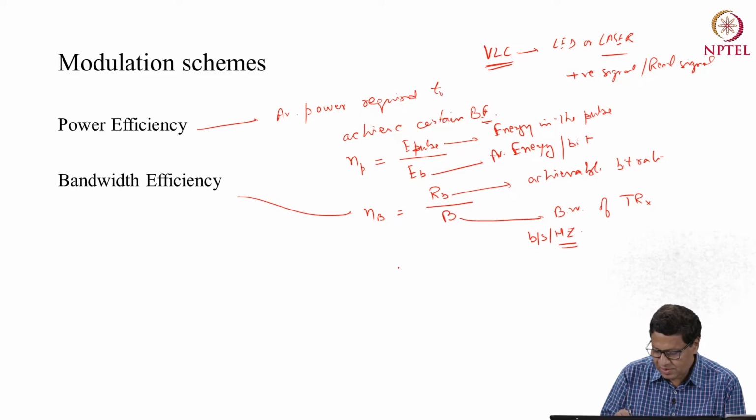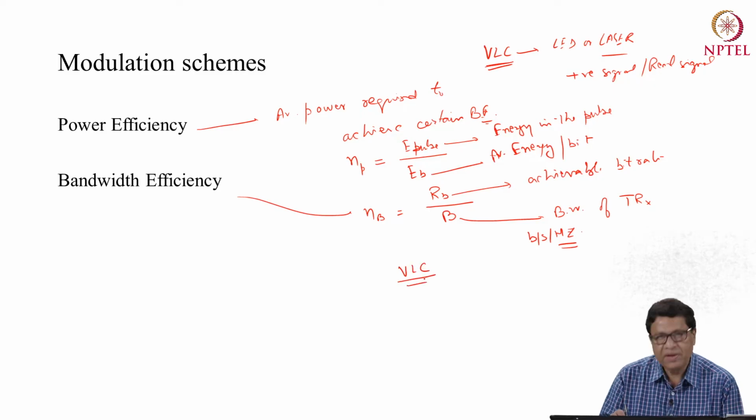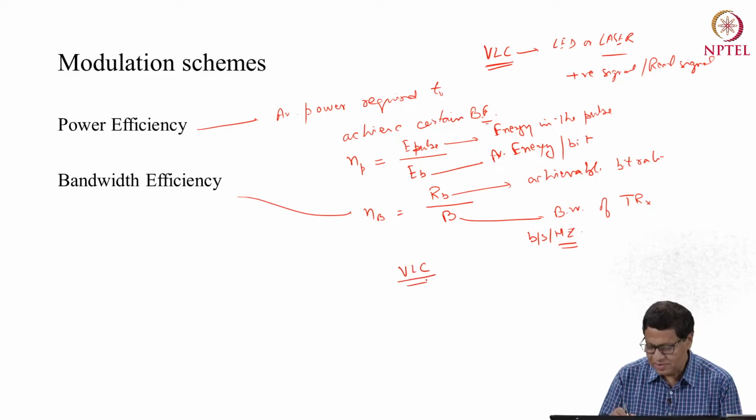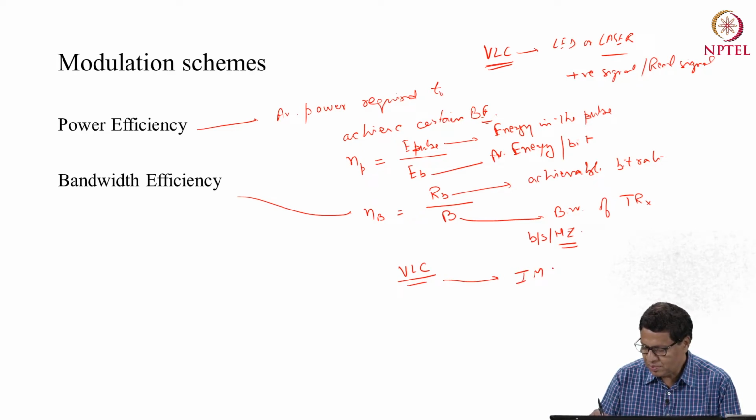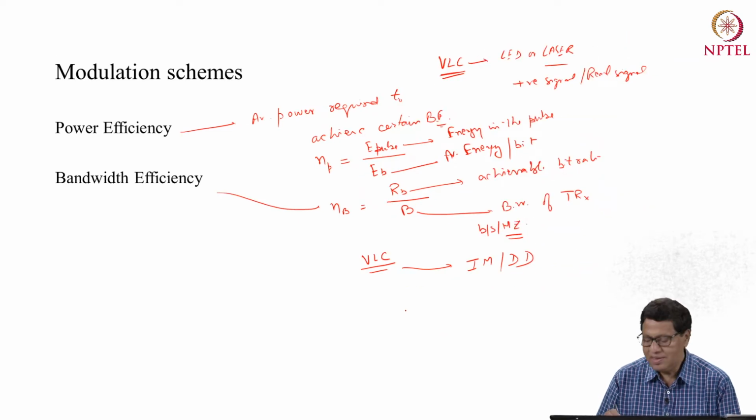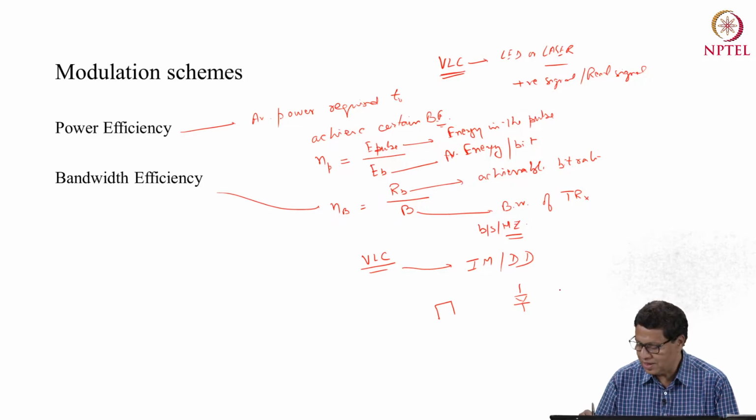In VLC, for example, I'm taking one of the optical wireless communication technologies, that is visible light communication. Normally we use intensity modulation direct detection. So you modulate the intensity, that is, whenever there is a logical 1, the device is lit, whether it is an LED or laser, you get light. And whenever there is a 0, the device is off.